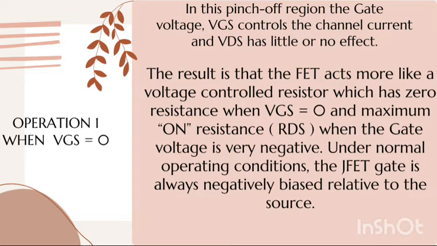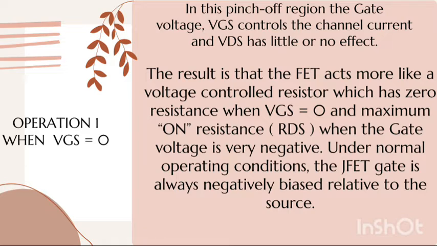In the pinch-off region, the gate voltage, VGS, controls the channel current and VDS has little or no effect. The result is that the FET acts more like a voltage-controlled resistor which has zero resistance when VGS equals 0 and a maximum on-resistance when the gate voltage is very negative.